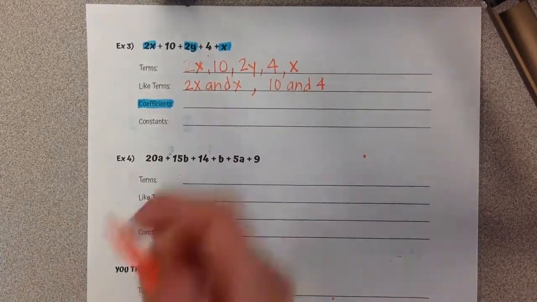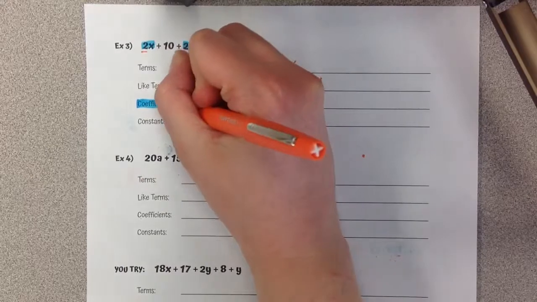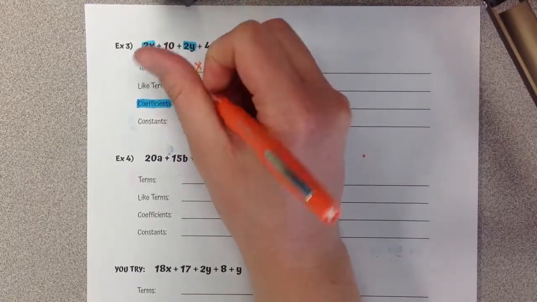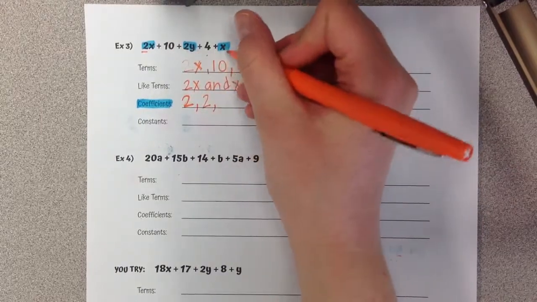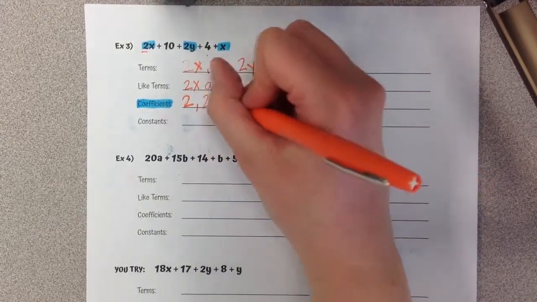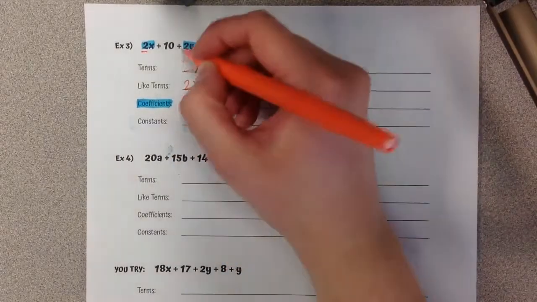The coefficient is the numerical part, so I have 2, I have 2 again, so I have to list 2 twice, and then 1. Okay, so I have 3 coefficients.